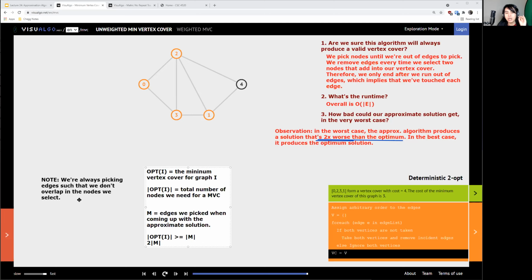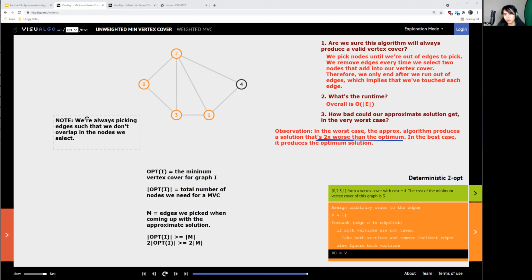As I just said, we're always picking edges so that they don't share nodes, which means that if we multiply both sides here by 2, then 2 times the optimum solution is the bound for the number of nodes that we picked. So this is the number of nodes we picked, and this is how it compares to the optimal solution. At worst, it's twice the optimal solution.